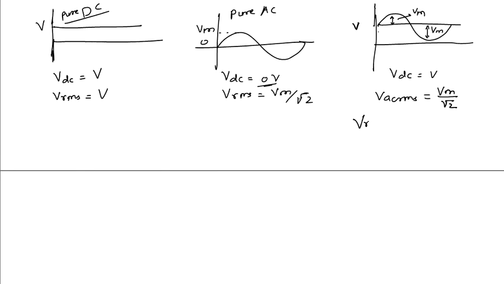The total RMS value for this signal, called an AC plus DC signal, is equal to the square root of VDC squared plus VAC RMS squared. This is how the RMS value is calculated for an AC plus DC signal.